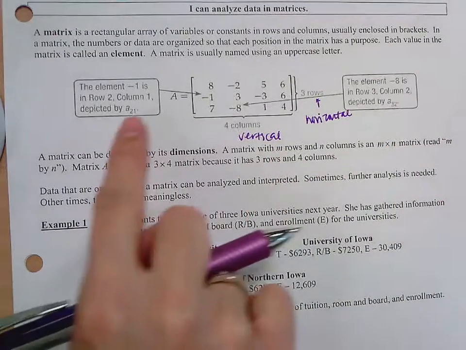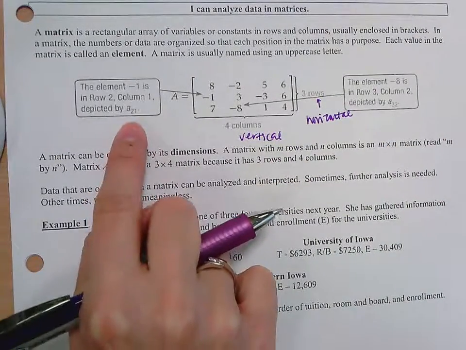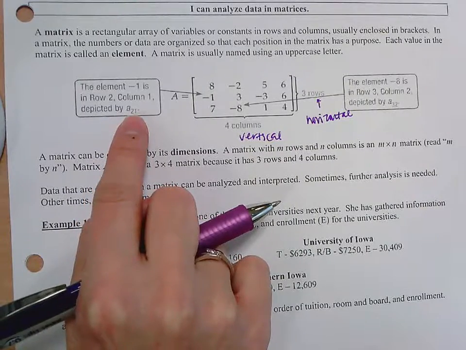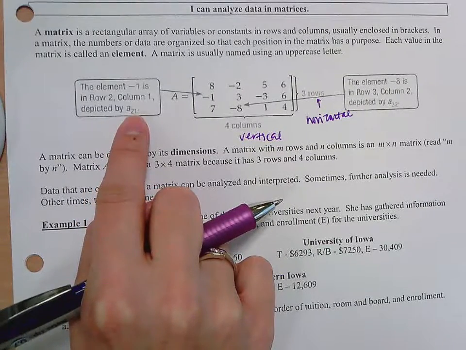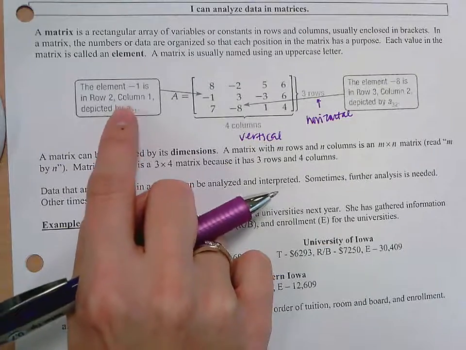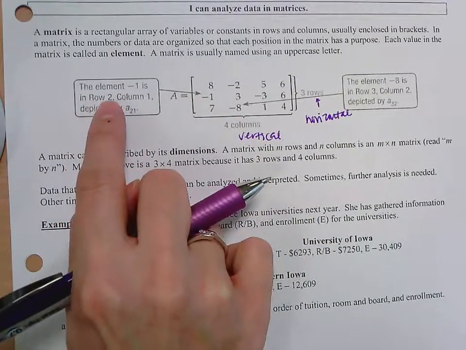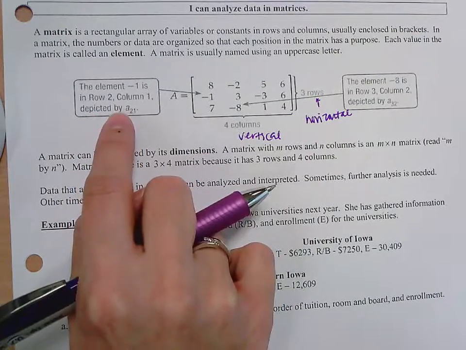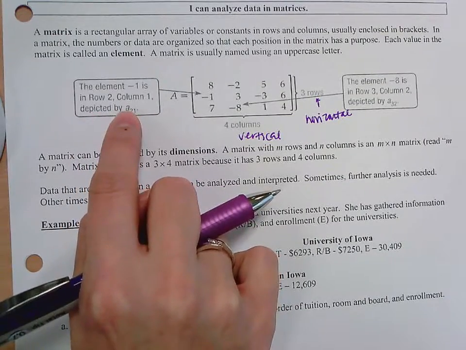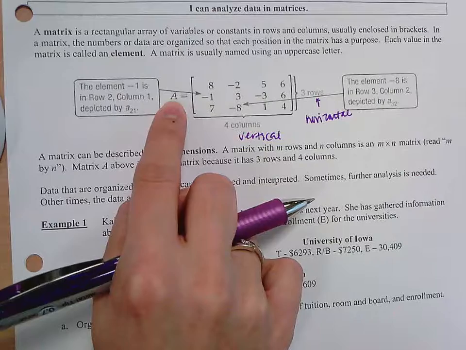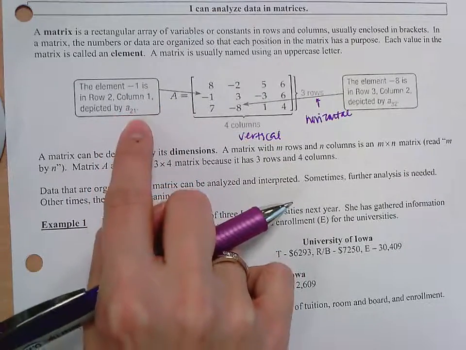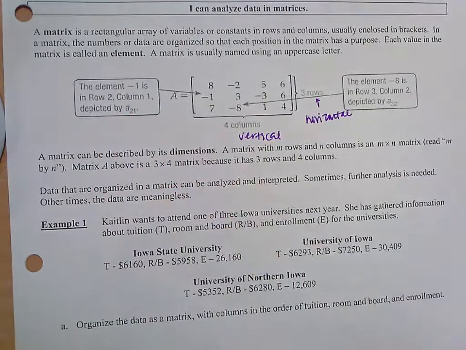And then this is just referencing, we are not going to name elements by using this notation, where they say the element -1 here in row 2, column 1 can be depicted by this lowercase a, since the matrix is capital A, and they call it A sub 2,1 for row 2, column 1.